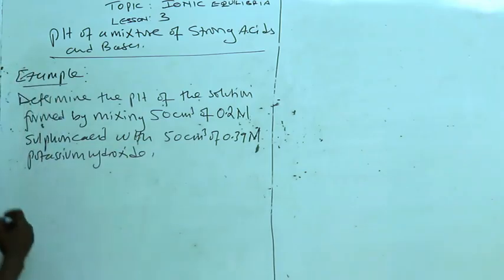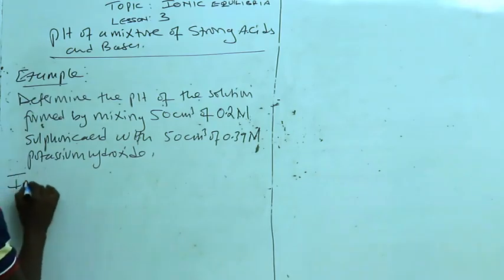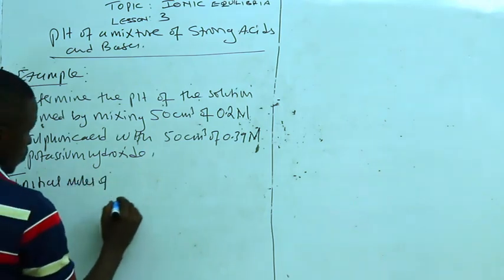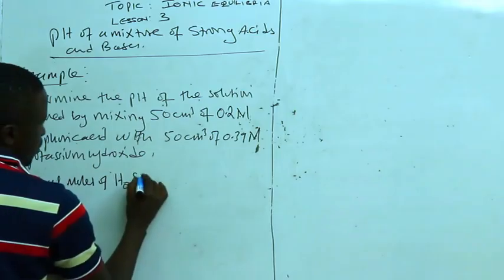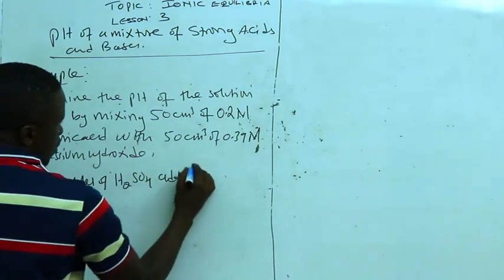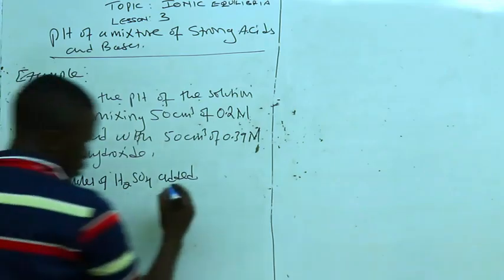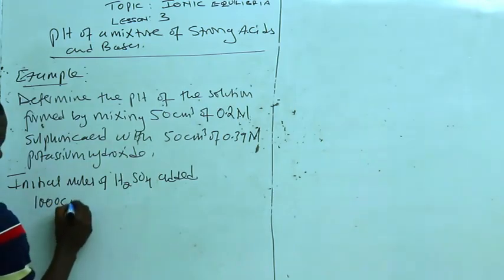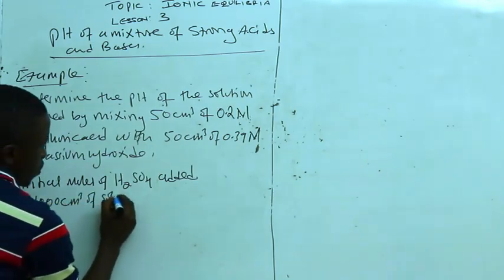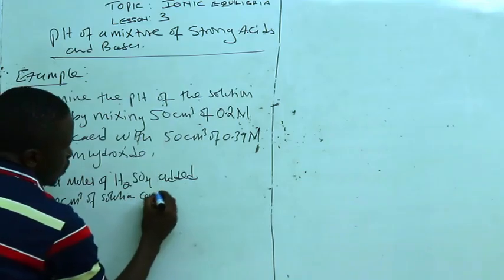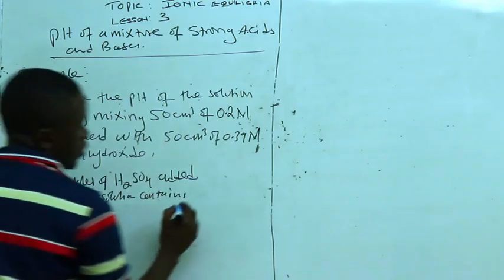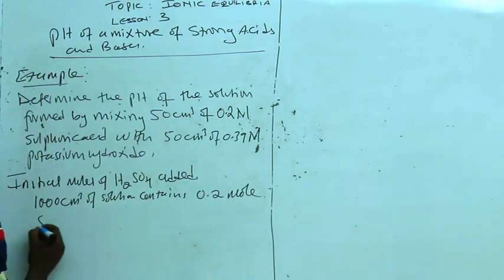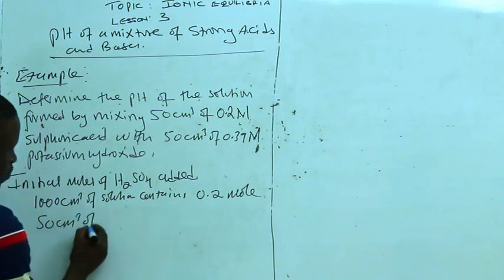So we would say the initial moles of sulfuric acid added. How many moles were added? 1000 cubic centimeters of the solution contains 0.2 mole. What about 50 cubic centimeters of solution?